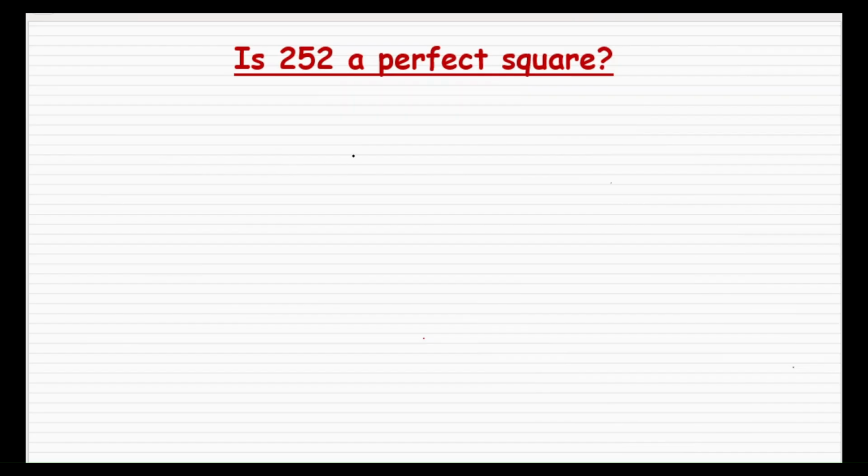My next question is, is 252 a perfect square or not? So even if I know that 252 is not a perfect square from the knowledge of my perfect square numbers, still, if I want to show by the prime factorization method how it is not a perfect square, how will we show that?